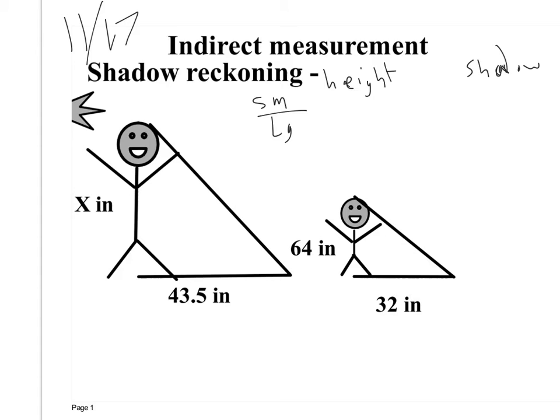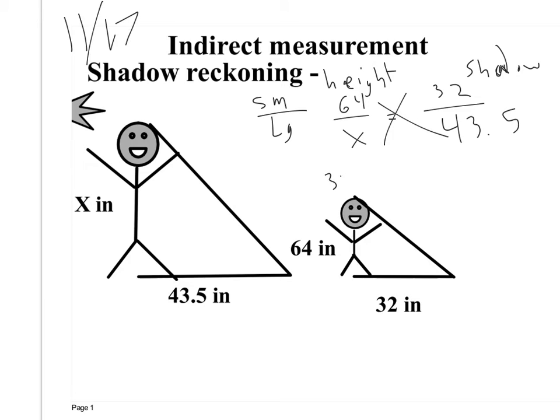So the height, what's the height of the person, or the torus, the small? 64. What's the height of the large, or the statue? X. Okay, we don't know. What's the length of the shadow on the small or on the torus? 32. Okay. And what's the length of the shadow on the statue? 43.5.